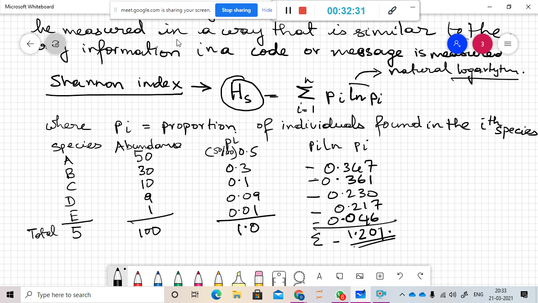HS is this value, 1.201. This is the Shannon index.